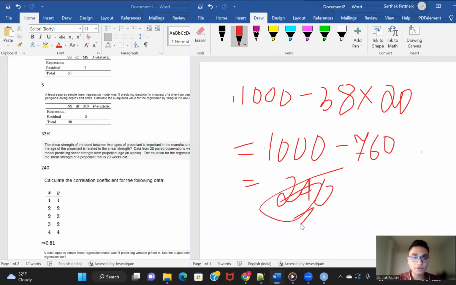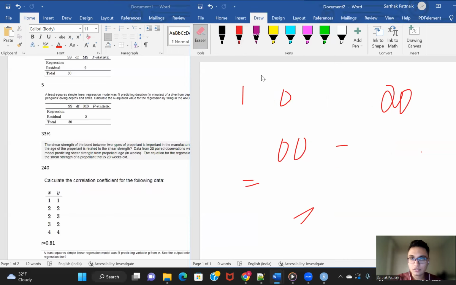So 240 is going to be the answer to this question. Basically, it was just putting the value of x in the equation to get the value of y. Very simple. Let's move on to the next question.